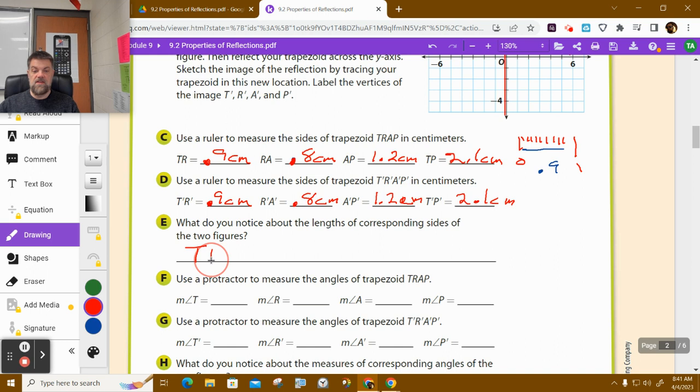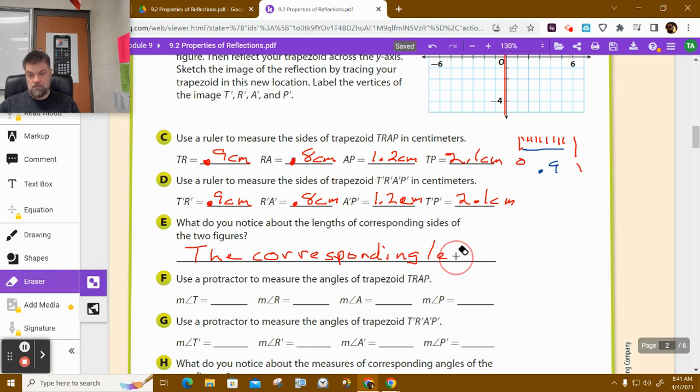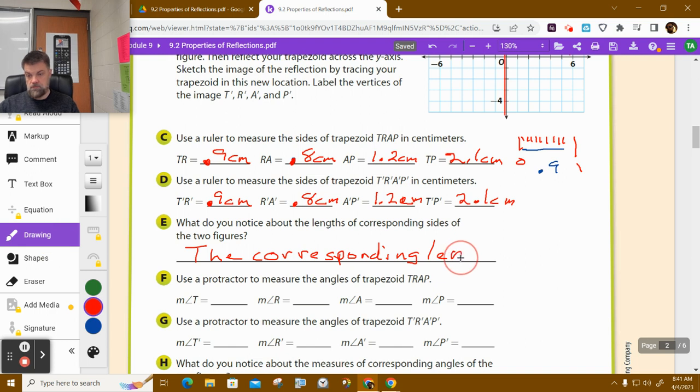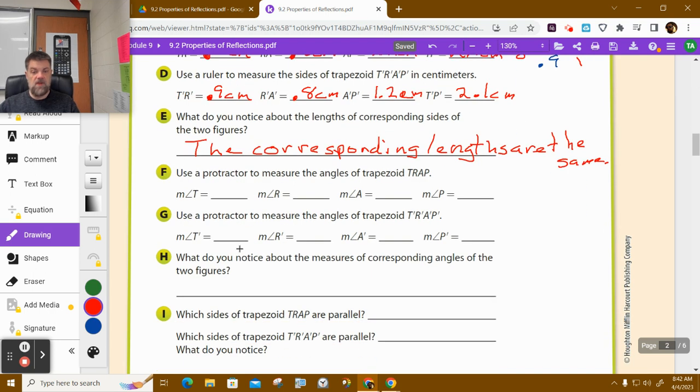The corresponding lengths are the same. Okay? The corresponding lengths are the same.